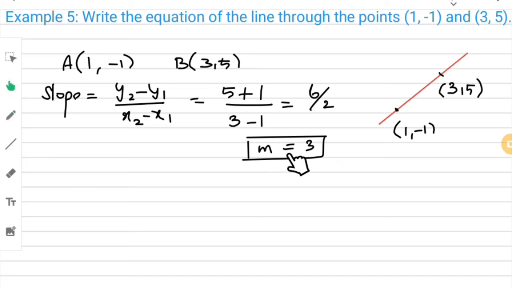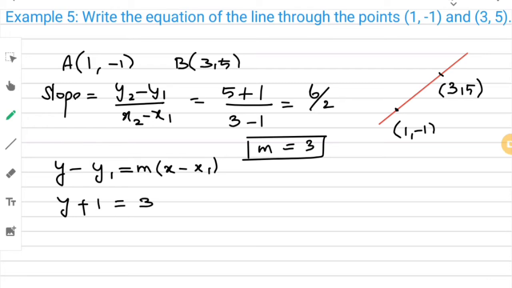We got the slope and we can take the point A as x1, y1 and then I'm going to use the equation y minus y1 is equal to m of x minus x1. Y minus, I'm going to take this one as x1, y1. So it will become plus 1 is equal to m, which is 3, so 3 of x minus 1.